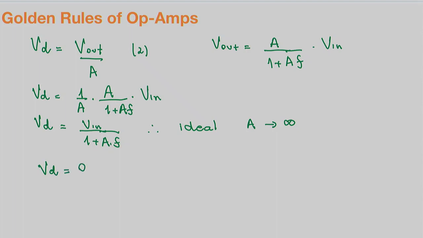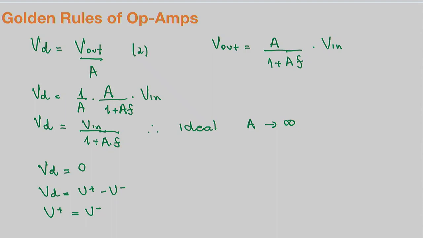Now, watch this. What is VD by voltage definition? VD, which is the differential, is U plus minus U minus. If VD is 0, that tells us that U plus is equal to U minus.